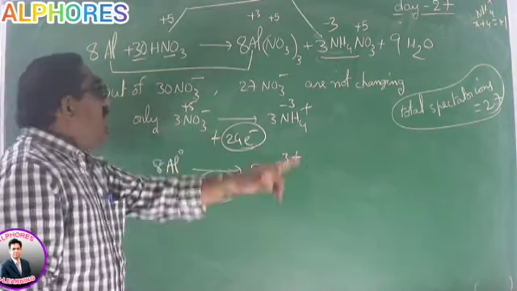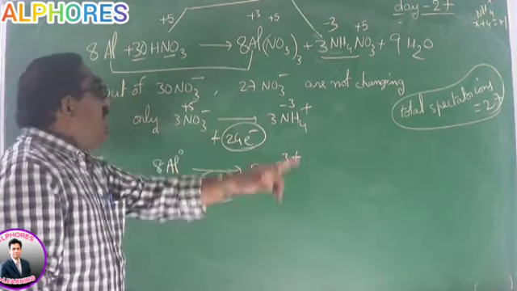This is the speciality of this equation because all the nitrate is not undergoing reduction. Out of 30 nitrates, only 3 nitrates are undergoing reduction. Reduction is partial and oxidation is full.